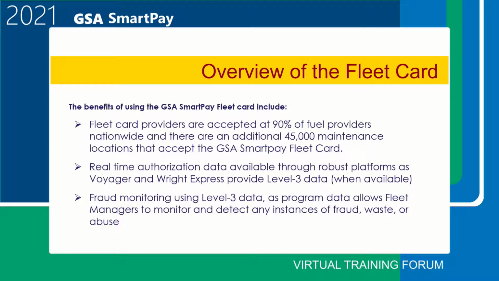This allows those managers or investigators to get instant notification when a card is swiped at a location and gives you the details surrounding it. So this level 3 detail gives you, as a fleet manager, a lot of ability to oversee your fleet, take into consideration the lifetime cost of a vehicle, and also monitor fraud, waste, and abuse.